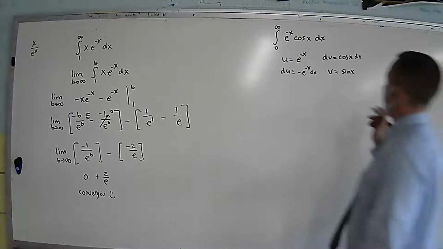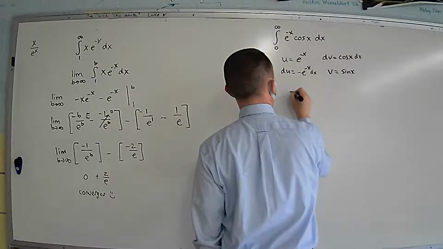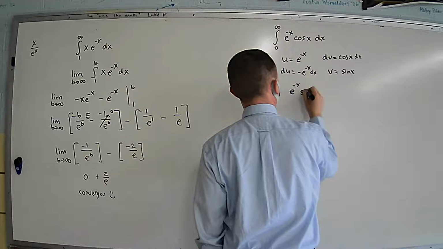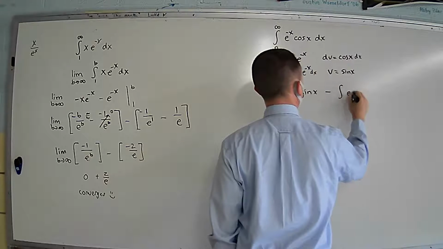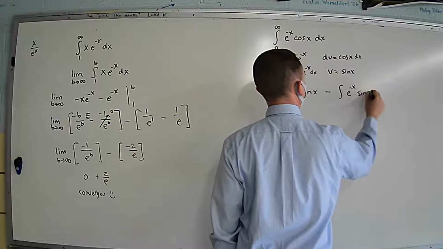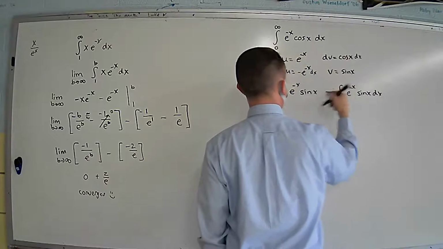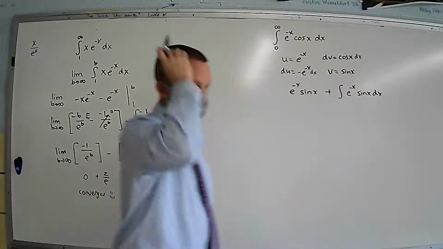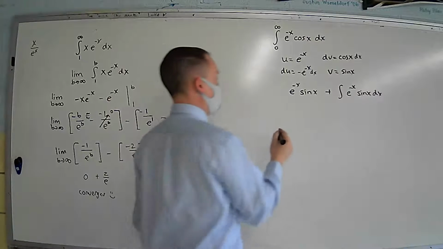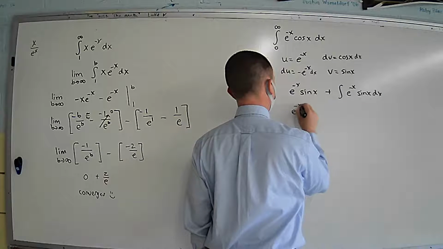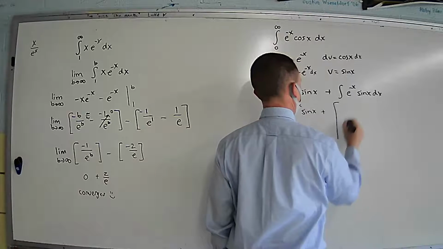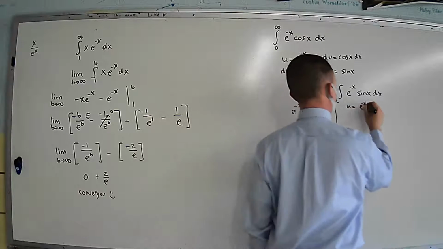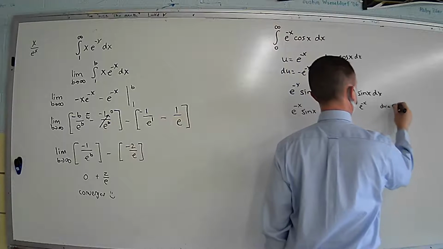So let's go ahead and work it through. It's going to be u times v minus the integral of v du. And since that's minus minus, I'll make that a plus. And now I've got to integrate by parts again. So I'm going to put my little bracket here. I'm going to say u is e to the negative x, and dv is sine of x.